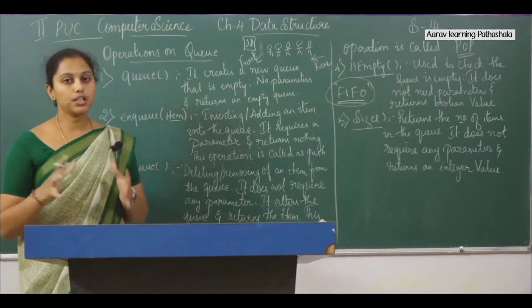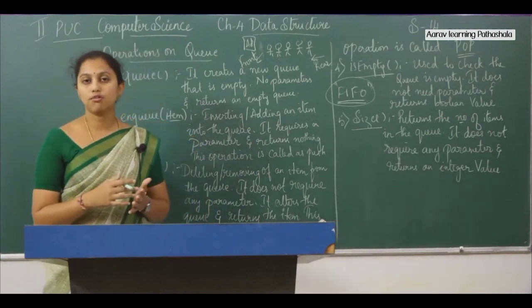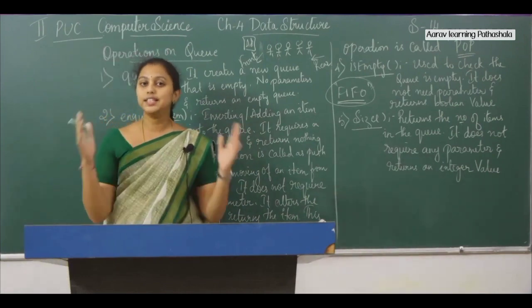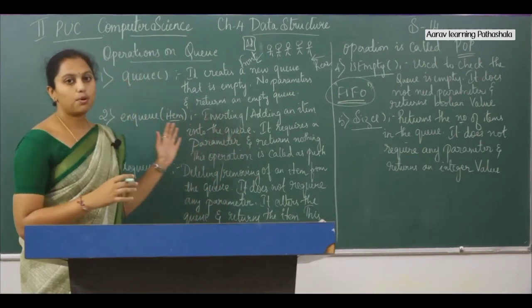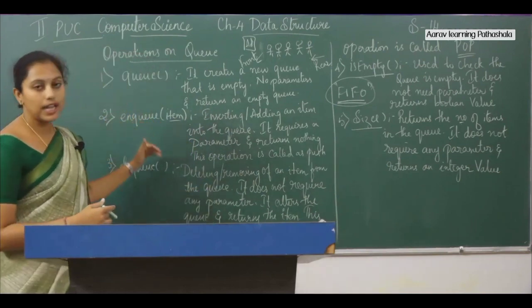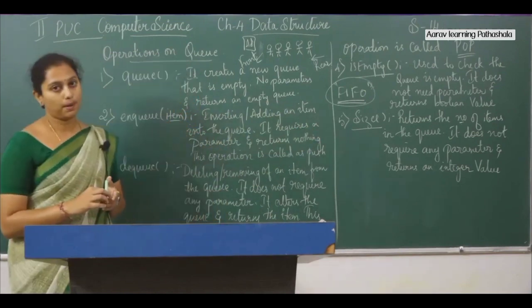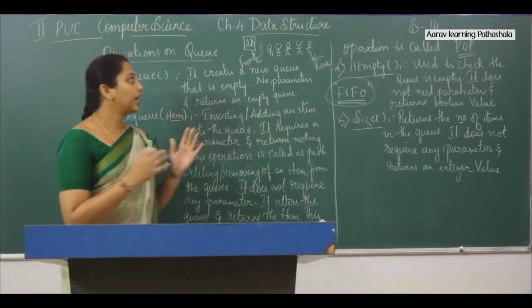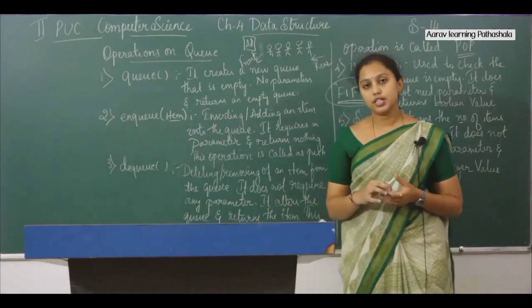So what is a queue? A queue is a collection of items where insertion and deletion of an item takes place at different ends. In a queue we can perform different operations, that is enqueue, dequeue, is empty, as well as size operations. And a queue follows the FIFO technique, that is first in first out.